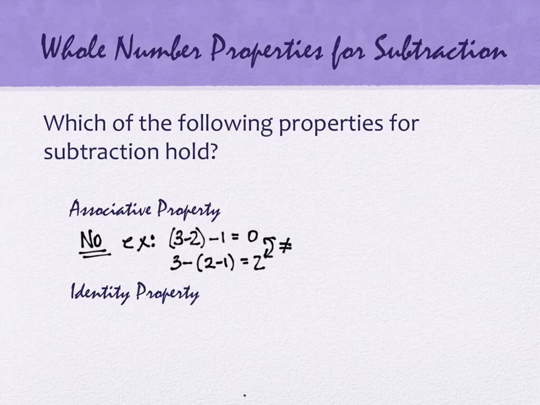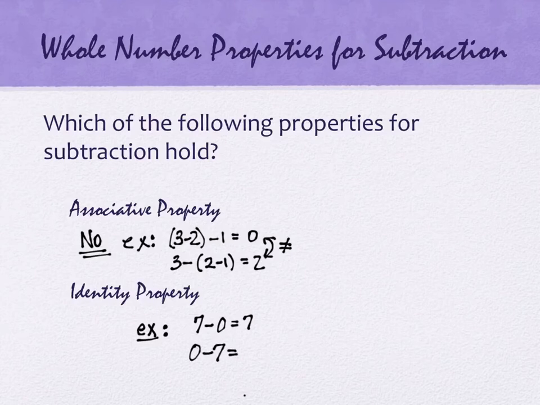So we've got 3 strikes so far. Do you think this is strike 4? No? Yes? Do you think it works? It's tricky. So let's give an example. We'll use your same 7 from before. What's 7 minus 0? 7, and that's totally cool. But what happens when I do it the other direction?